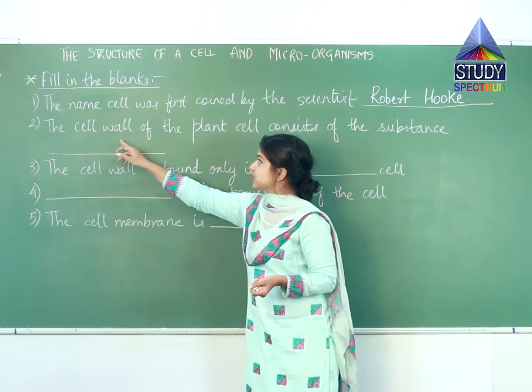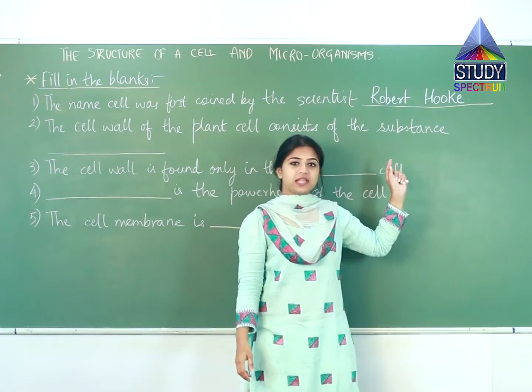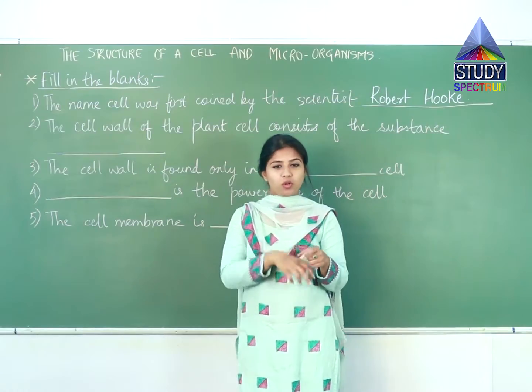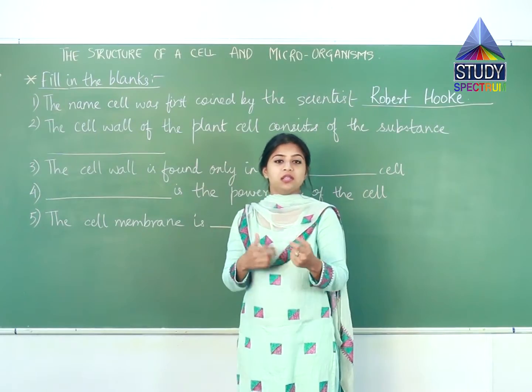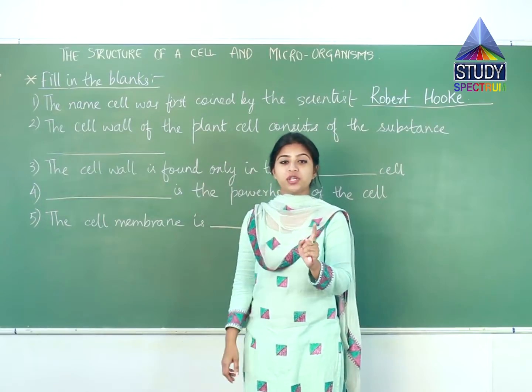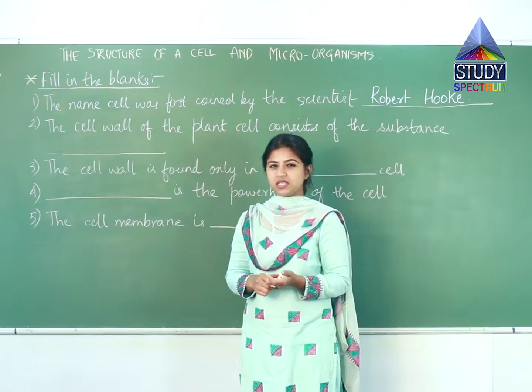That is, the cell wall of the plant cells consists of the substance dash. Now I explained to you that the cell wall was a hard, rigid structure that gave strength to the cell, and I mentioned a substance that it consisted of. Do you remember that substance?